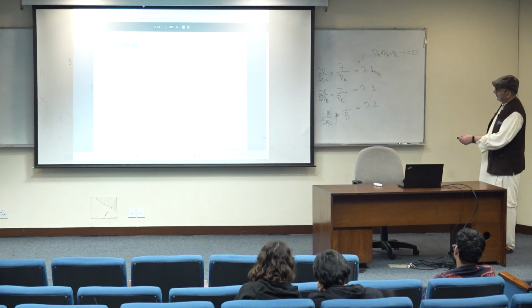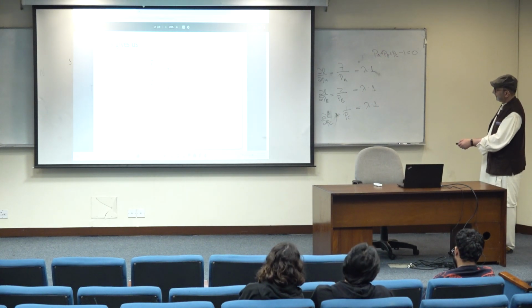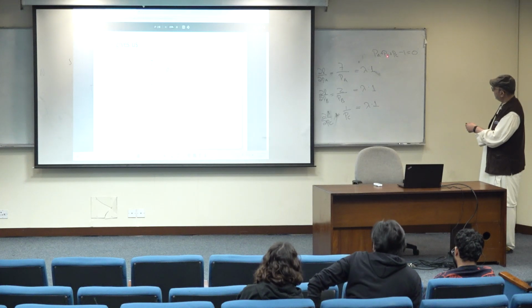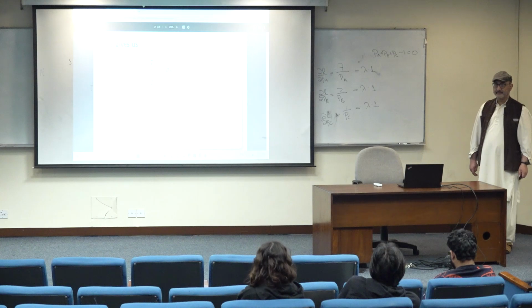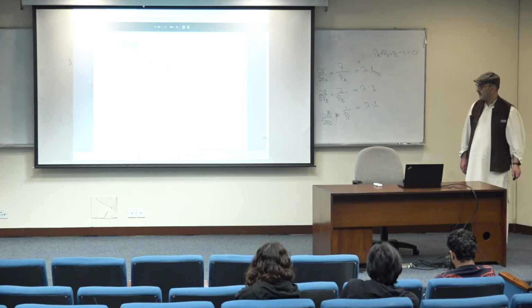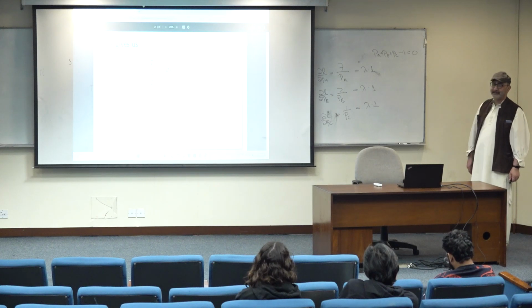Then I can take these results and put them into the constraint equation. So p sub a I replace by 7 over lambda, p sub b I replace by 2 over lambda, p sub c I replace by 1 over lambda. And that's supposed to be equal to 1. So what do I get for lambda? I get lambda is equal to 10.